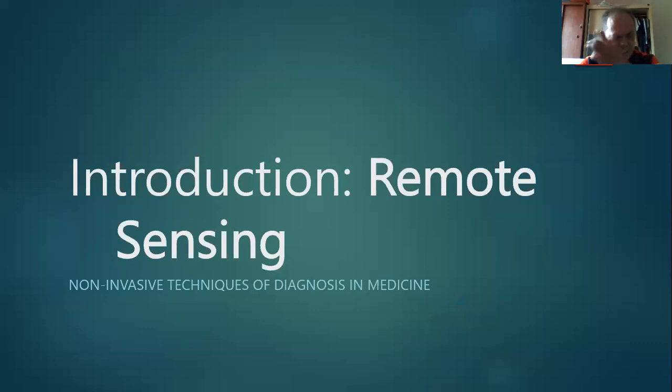Right? Just a bit of introduction to remote sensing. Or another way of saying it is non-invasive technique of diagnosis in medicine. Non-invasive, it doesn't go into your body. It just puts a device outside to see what's inside your body.